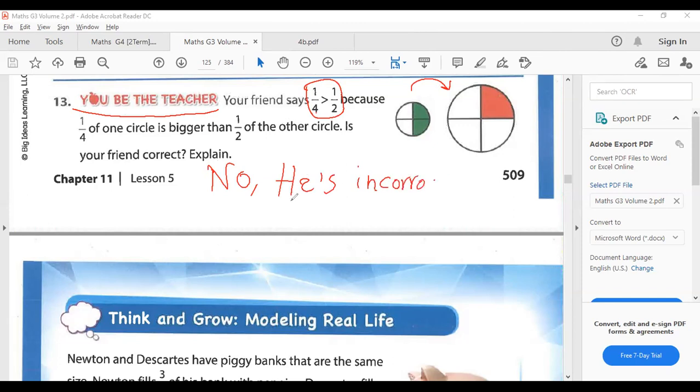Because as you said, 1/4 and 1/2, which is greater? 1/2. Excellent, because 1/2 is greater. Well done, and you are a great teacher.